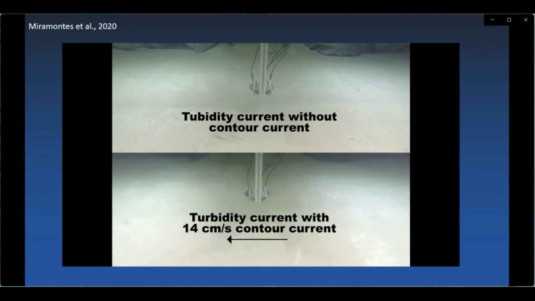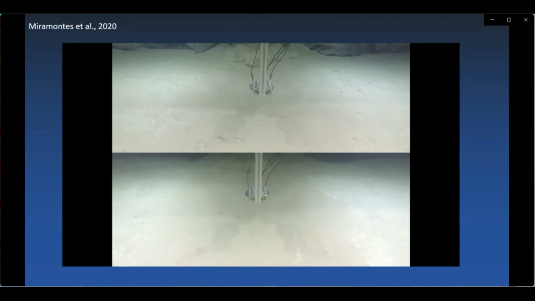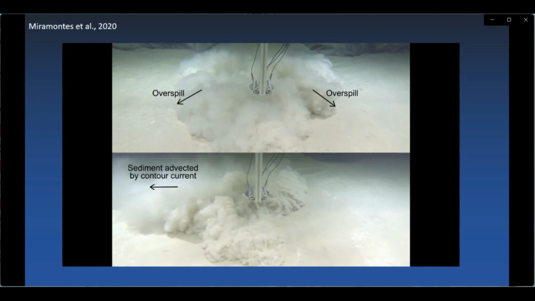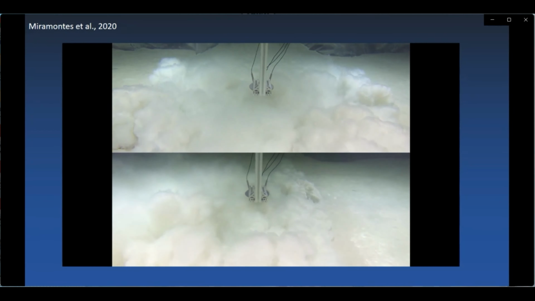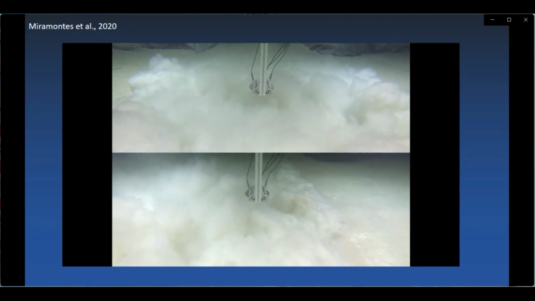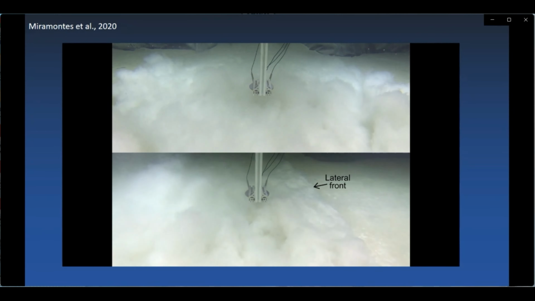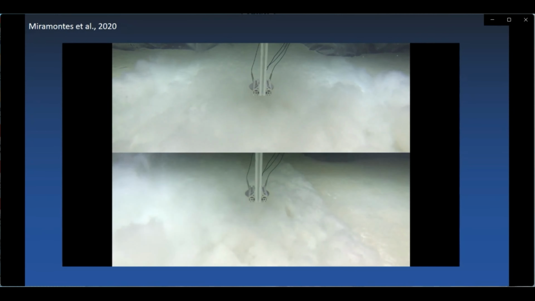Here we can see the turbidity current flows downslope and the bottom current flows from right to left. We can clearly see that the fine sediment is moved by the bottom current downstream and deposited on this side, in this area.